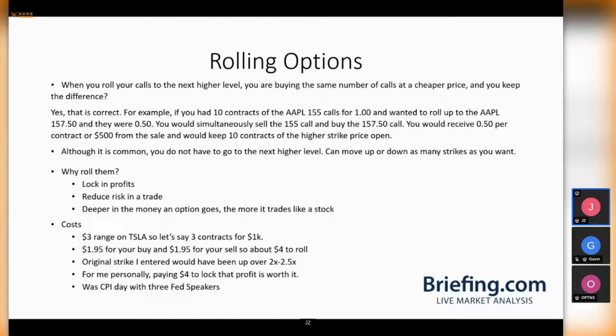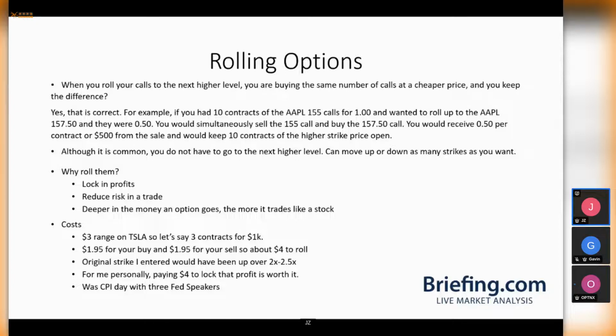Yes. So I do it because I want to lock in profits and reduce my risk in a trade. And frankly, the deeper in the money an option goes, the more it's just going to trade like a stock. So for me, if I'm sitting there, we're very susceptible to news. You've got Fed speakers that are going to come out, or whatever economic report, or somebody might tweet something.